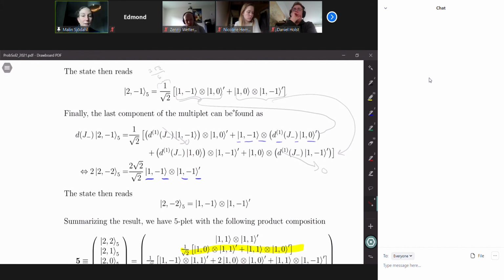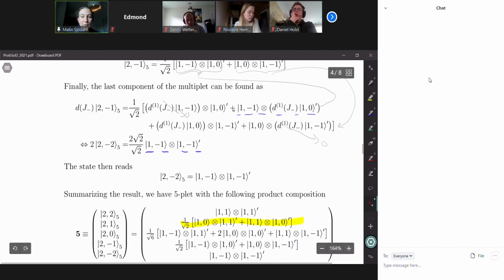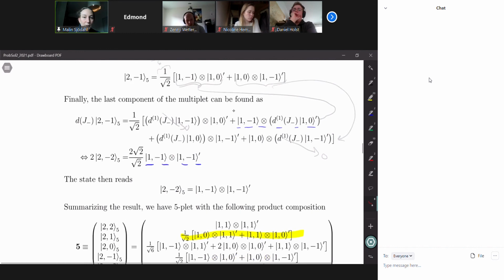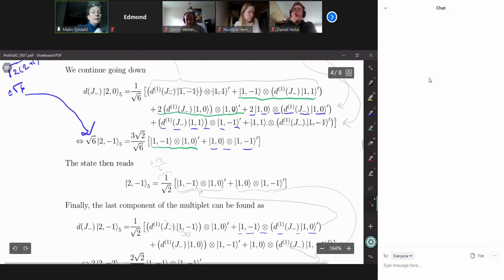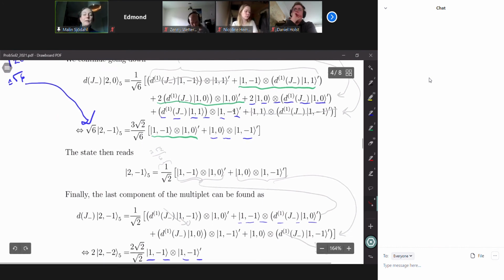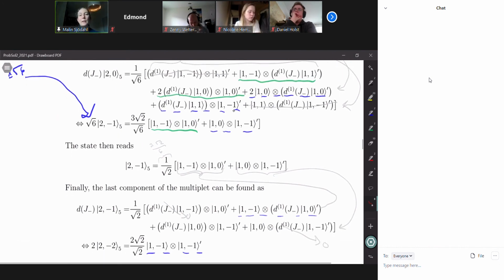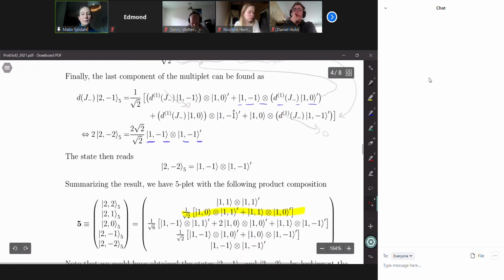And as a matter of fact, the second to last piece of algebra as well, going down from spin 0 to spin -1, was also a bit unnecessary. The reason why is that we could have it from symmetry from the spin +1 instead.